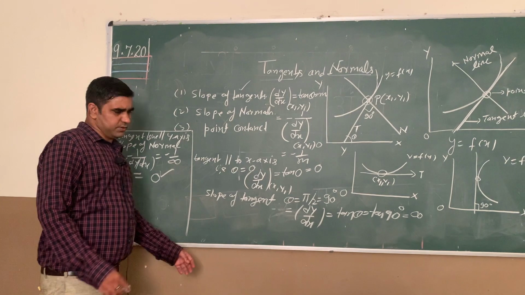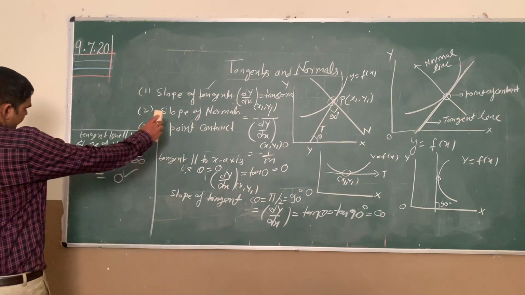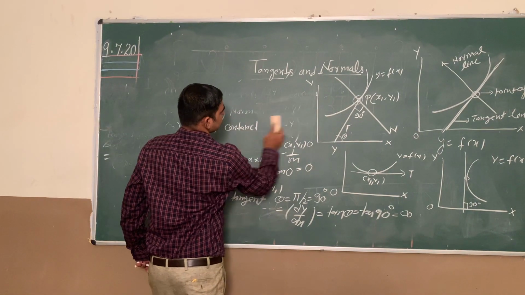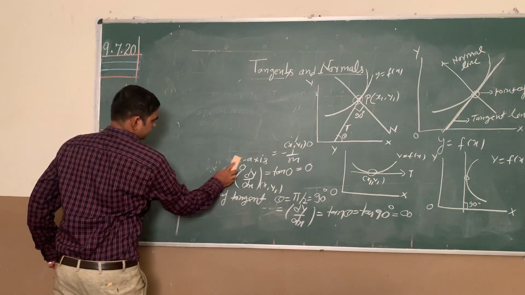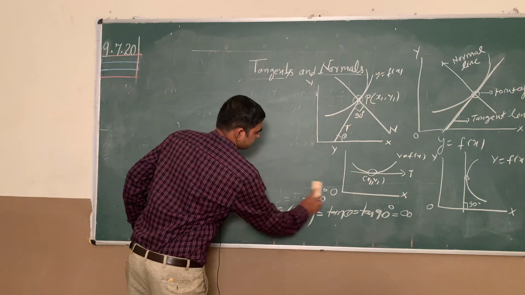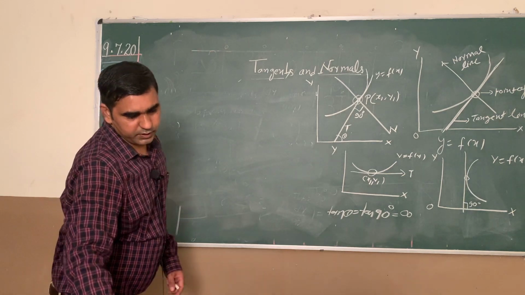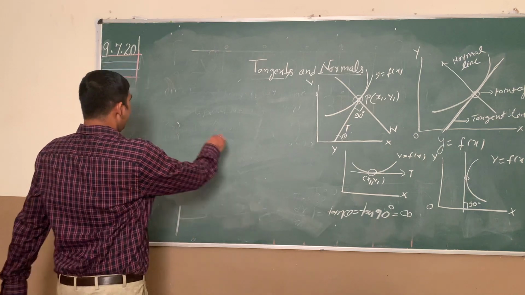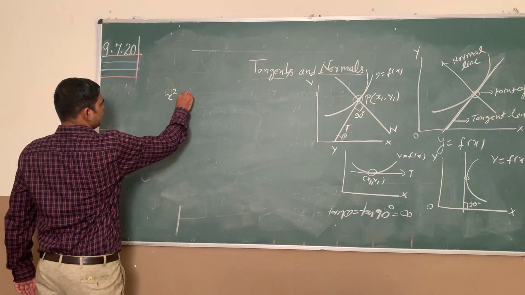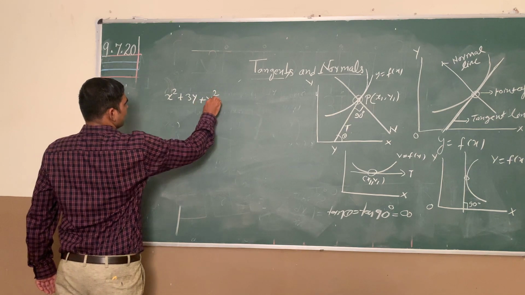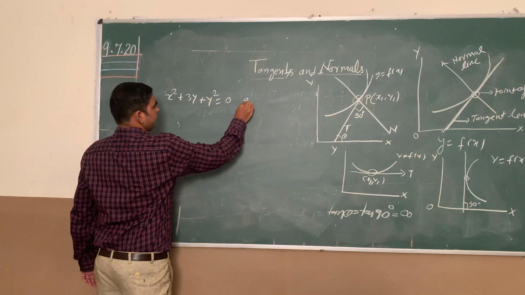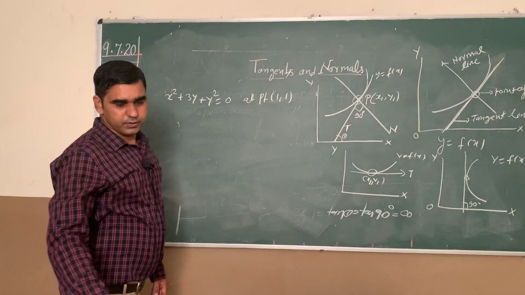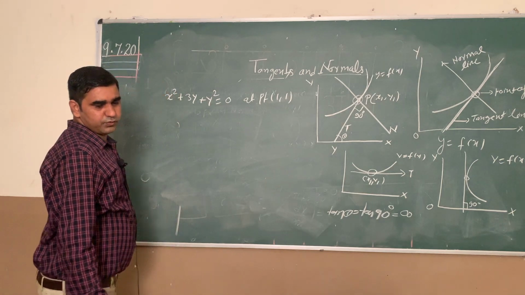Now, related to these two topics, I have solved some questions. See here. I have a question: find the slope of the tangent of the curve x square plus 3y plus y square equal to 0 at the point (1, 1).